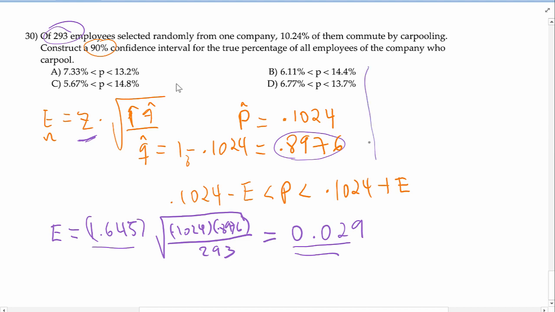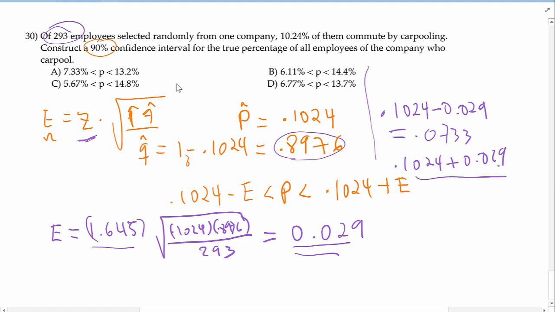So what I need to do is subtract and add this number. We have 0.1024 minus 0.029 for the lower bound, which is 0.0733, and the upper value is 0.1024 plus 0.029, which gives me 0.1314.